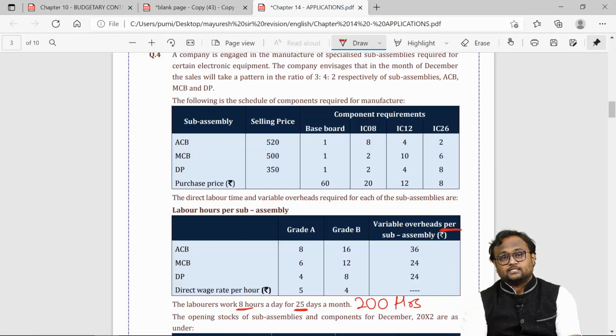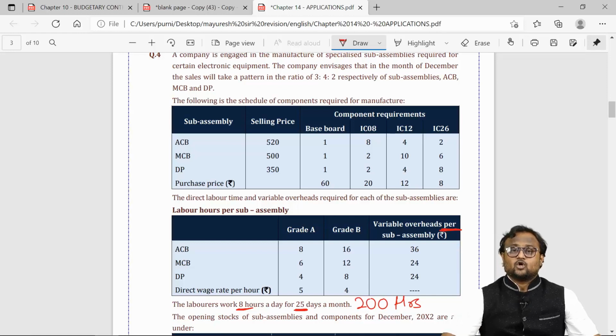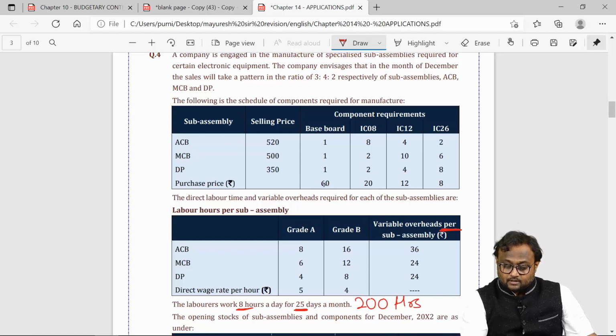Selling price of ACB, MCB, DP will be recorded on the first line, and then we'll subtract the variable cost to get the contribution per unit. How will you get the variable material cost of ACB? 60 into 1, 20 into 8, 12 into 4, 8 into 2.